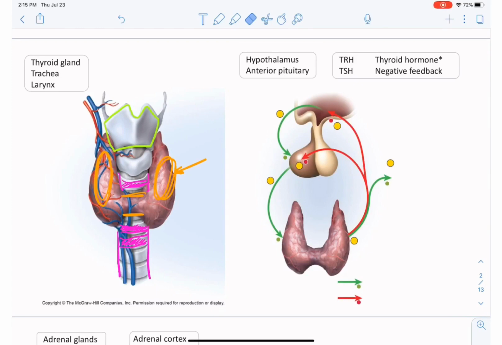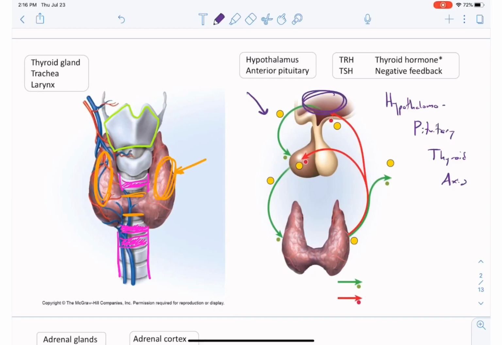And then over here, we have the endocrine axis that the thyroid gland is part of. It's part of the hypothalamo-pituitary-thyroid axis. And as the name implies, it starts up in the hypothalamus.